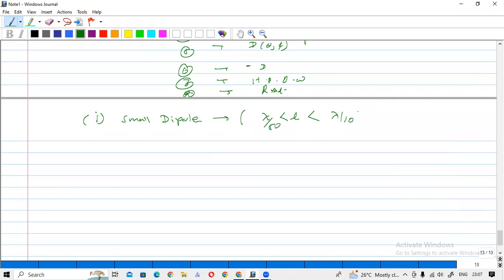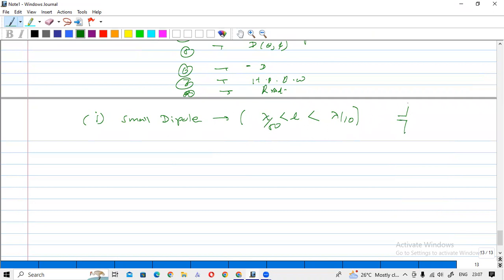So this is the small dipole, and it is like this.